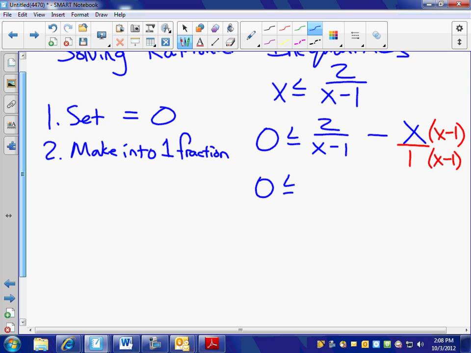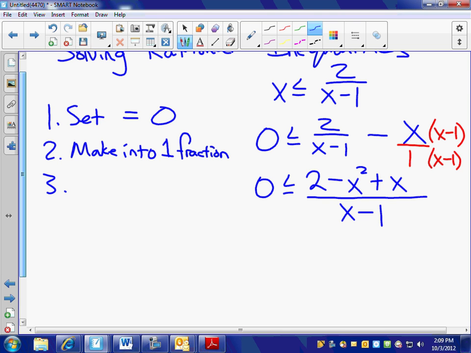What am I going to have in the denominator? X minus 1. Great job, Casey Gilbertson. What am I going to have in the top? Two minus x squared plus x, right? Because we have to distribute the negative x to the x and the negative x to the negative 1. So that's my new expression. That is one fraction.